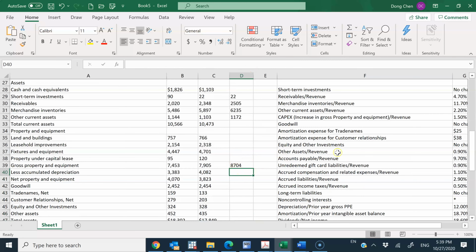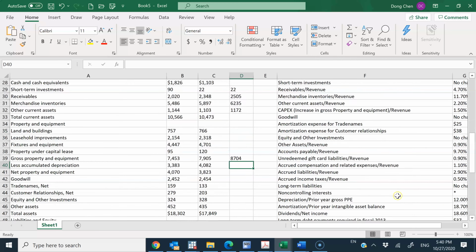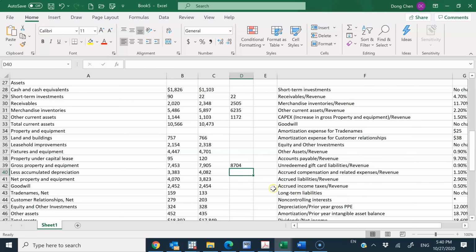And accumulated depreciation, that's where we need to be a little bit careful. Basically, accumulated depreciation is the last year's accumulated depreciation plus this year's new depreciation expense. That's basically their relationship.